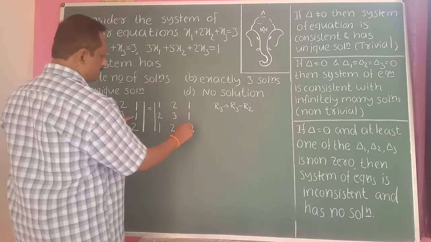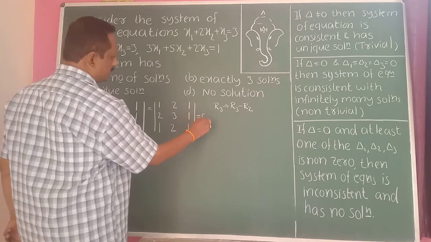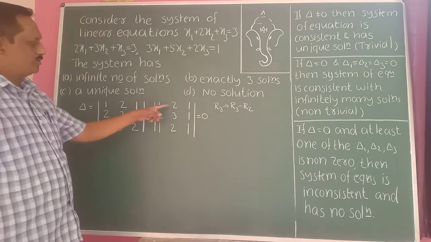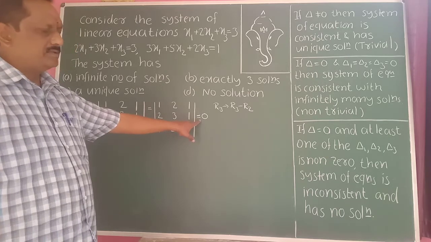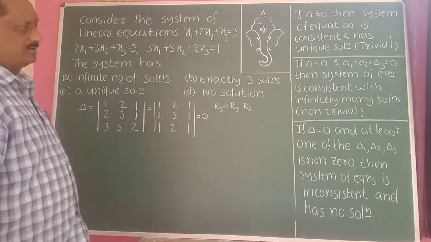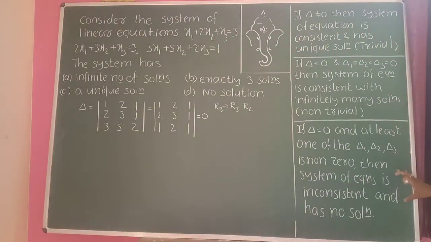And 2 minus 1 is 1 here. Then obviously this is equal to 0 here, because here 2 rows are identical. If 2 rows are identical, then the value of the determinant is 0 here. Hence either this is possible or this is possible here. Only in these two cases delta is 0. If all the delta, delta one, delta two is 0, then it has infinitely many solutions.